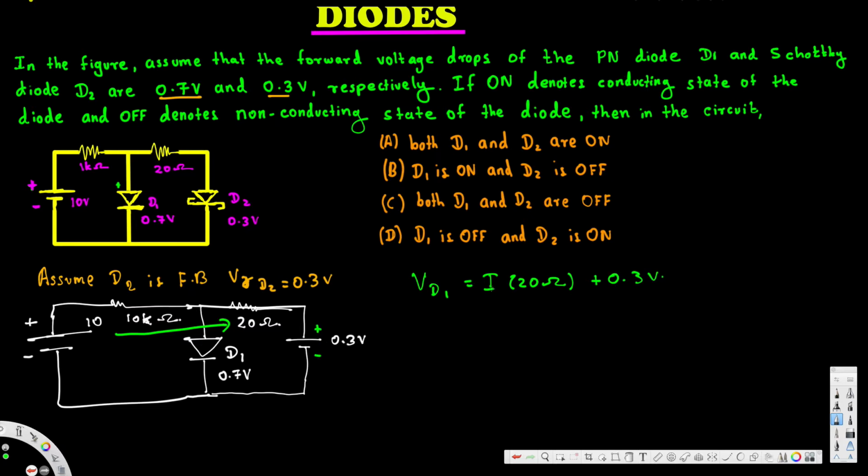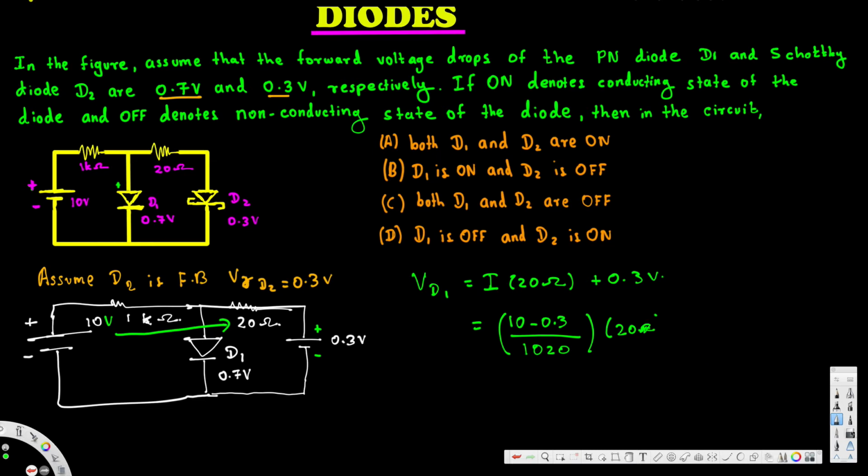Now current can be calculated using V is equal to IR, so I is equal to V over R. V is going to be what? Here we have 10 volts minus 0.3, divided by the total resistance. Here we have, actually this one is 1k ohm resistor, divided by 1k plus 20 ohm. So 1k plus 20, 1020, multiplied by 20 ohm.